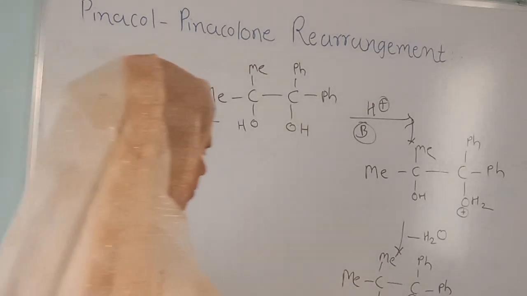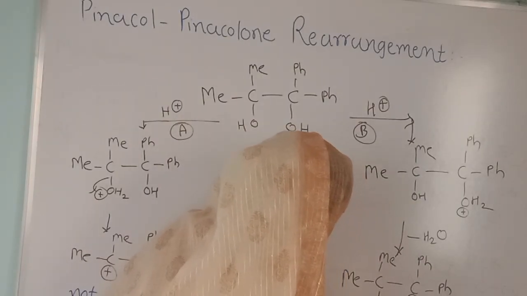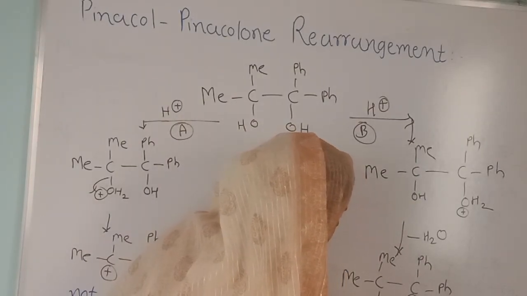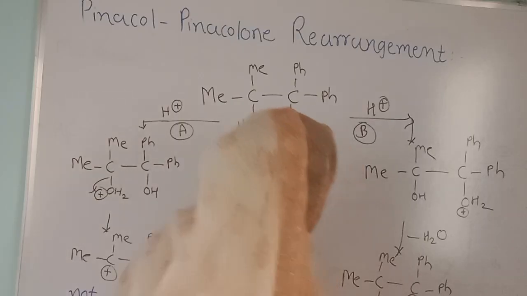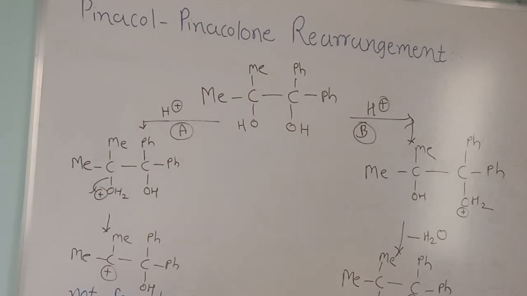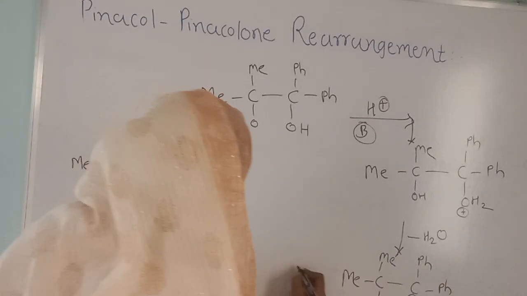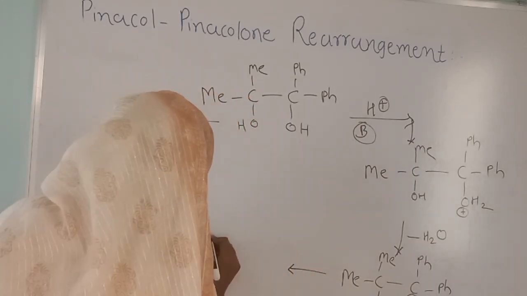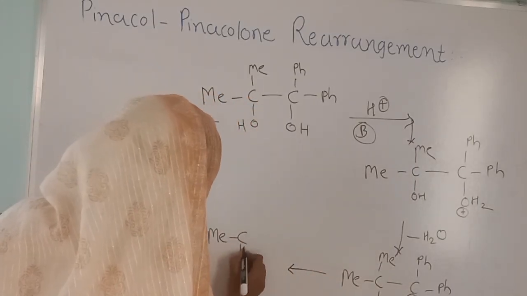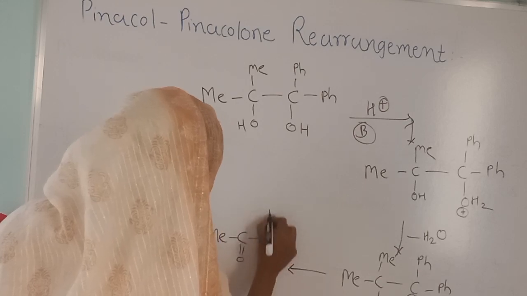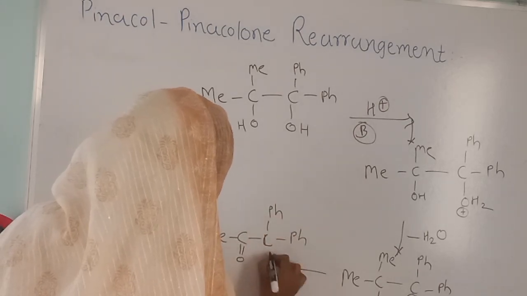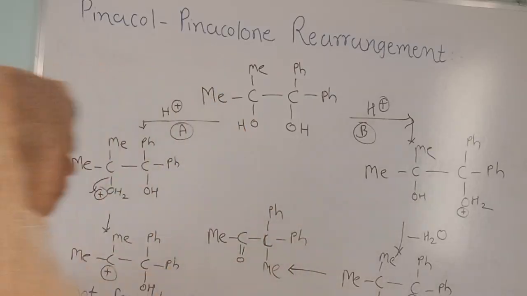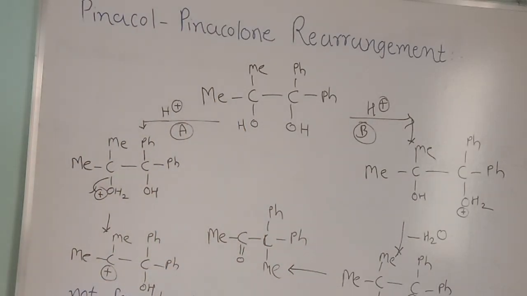Here is the more stable carbocation, so it will be formed. And what will be the product? Here migration of the methyl group, and in the next step we get Me C double bond O, Ph and a methyl group. This type of product will be formed because of formation of the more stable carbocation.